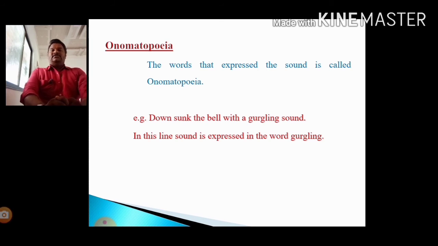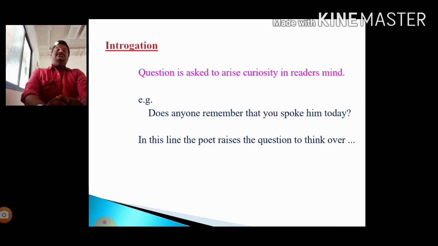The example is, "Down sunk the bell with a gurgling sound." In this line, sound is expressed in the word "gurgling." That is onomatopoeia.